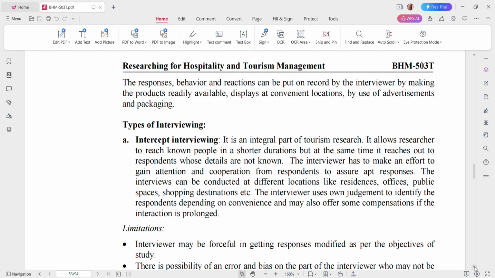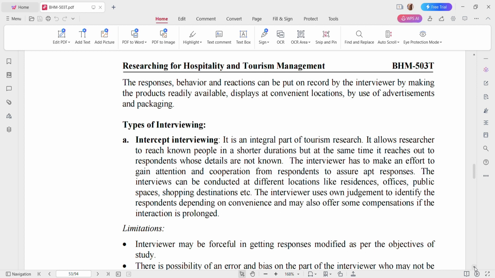Meaning to say, kung sino yung kasunod, there's no rapport talaga, yung sino lang yung nakita ng interviewer na sasalubong niya. The interviewer has to make an effort to gain attention and cooperation from the respondents to assure responses. The interviews can be done at different locations like residences, offices, public spaces, and shopping destinations.